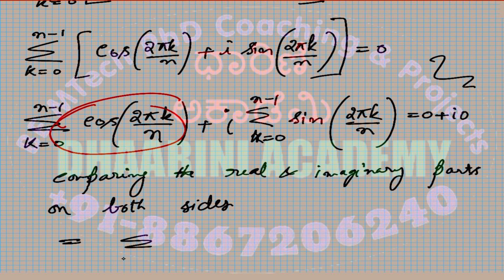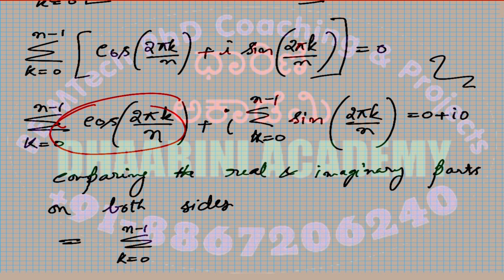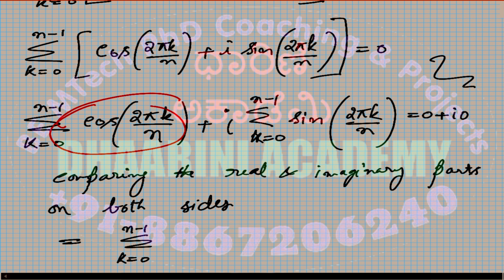Okay, so this implies k is equal to 0 to n minus 1. The cos term, cos of 2 pi k divided by n, has to be equated to the 0 on the right side, which is the real part.